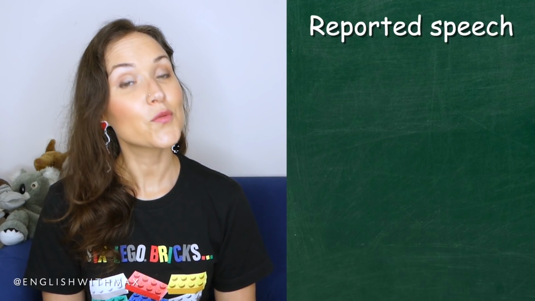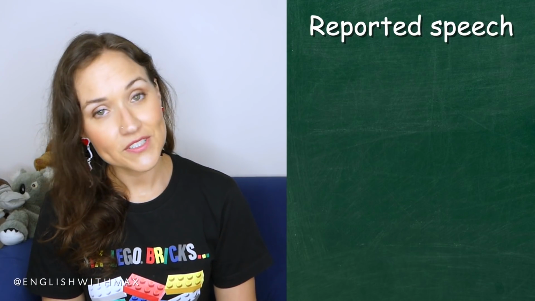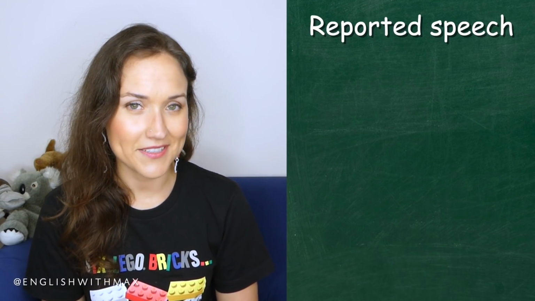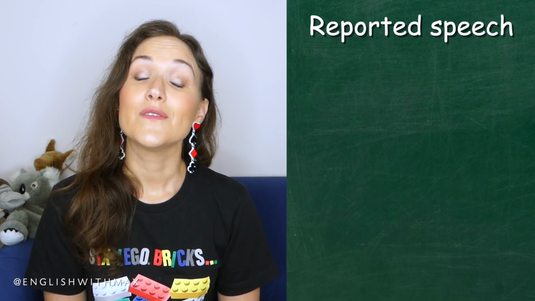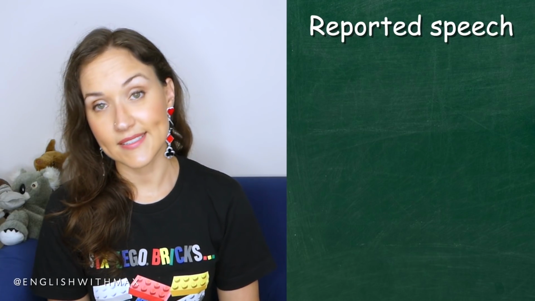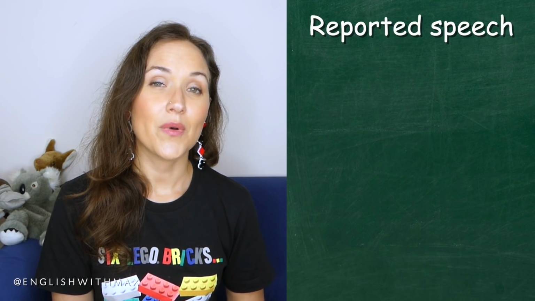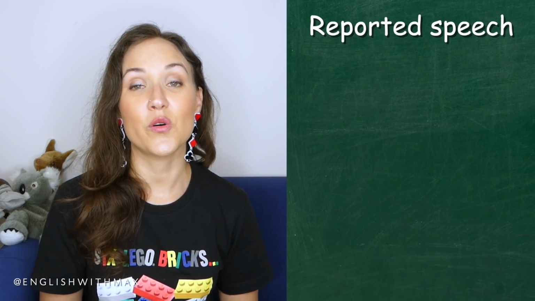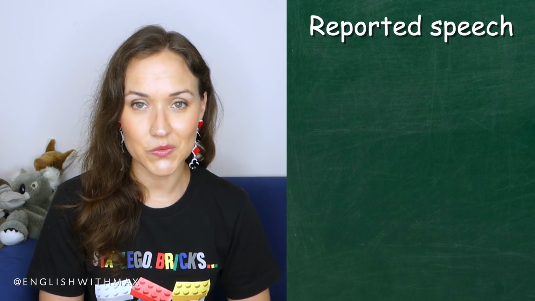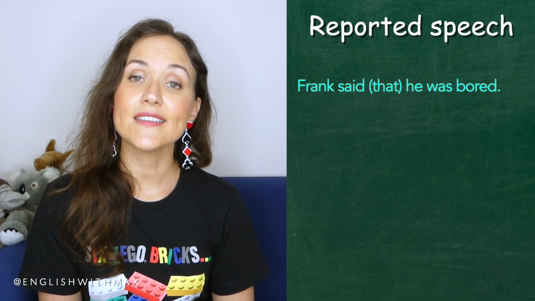Let's now look at reported speech, which is sometimes called indirect speech. For reported speech, you can use say or tell, but again, you need to be aware of the different grammar that is used. Frank said that he was bored.